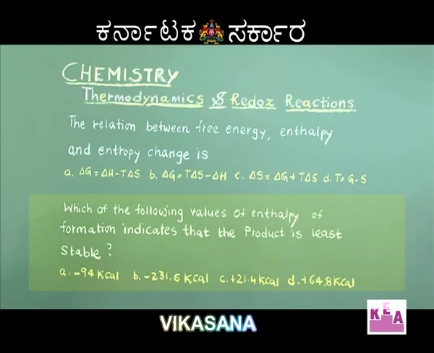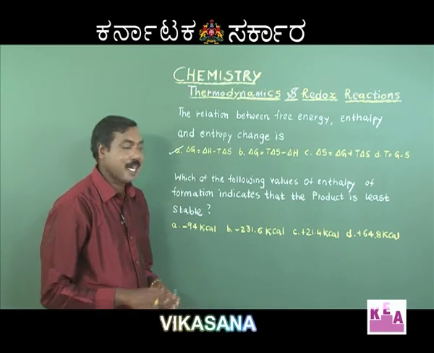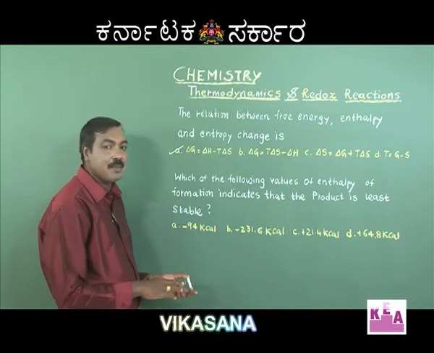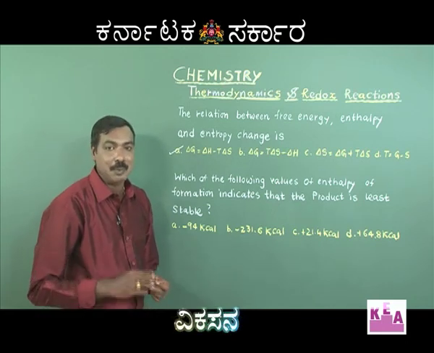Now let's read the question. Which of the following values of enthalpy of formation indicates that the product is least stable? I said most stable is the greater negative value, and if the question is asked on least stable, it should be the greater positive value.